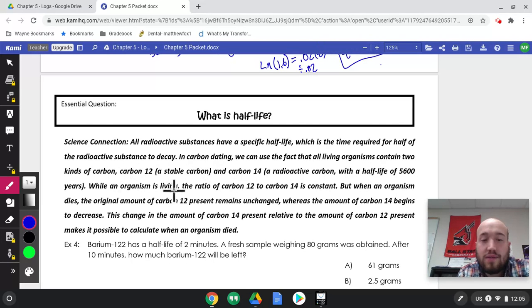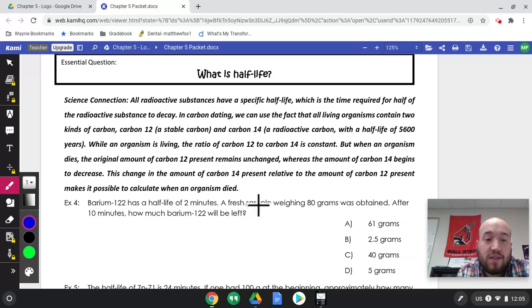Carbon-12, this is a stable carbon, meaning it won't have a decay rate, it won't have a half-life. And then also carbon-14, which is a radioactive carbon with a half-life of 5,600 years. So once again, that means after 5,600 years, however much carbon-14 there was at the start, there's now half as much.